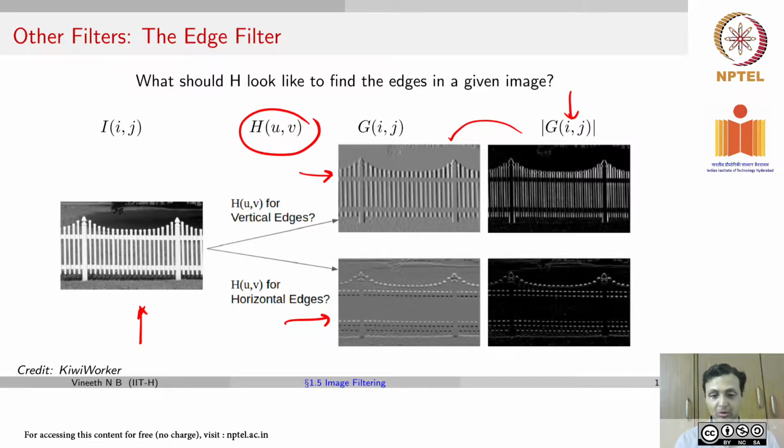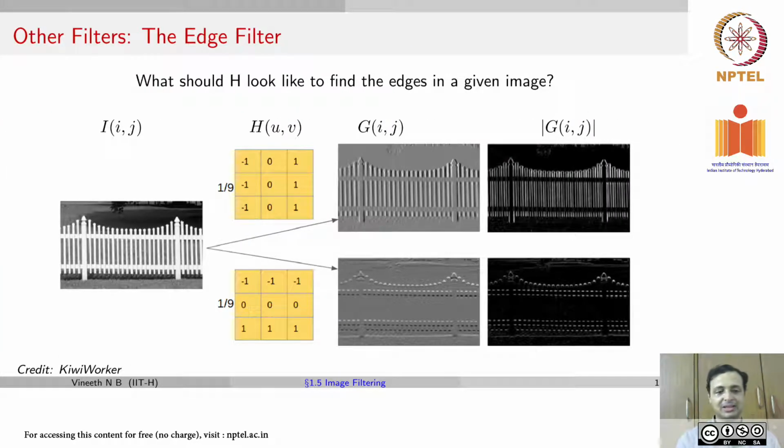If you have not guessed the filter already, the filter would look something like this. A vertical filter would look something like this, where you have -1, -1, -1 on one side and 1, 1, 1 on the other side. So effectively, the filter would look for places in the image where there is a significant difference between the left of the pixel and the right of the pixel, vertically speaking, and it would try to exaggerate those pixels in the output image.